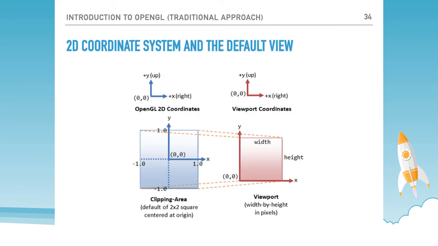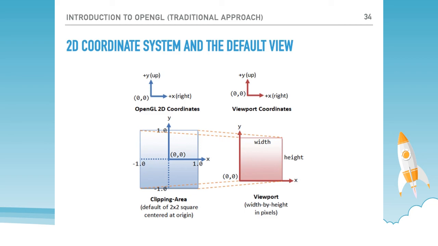The following diagram shows the OpenGL 2D coordinate system, which corresponds to the everyday 2D Cartesian coordinates with origin located at the bottom left corner. The default OpenGL 2D clipping area is an orthographic view with X and Y in the range of -1 to 1, with the center at the origin.